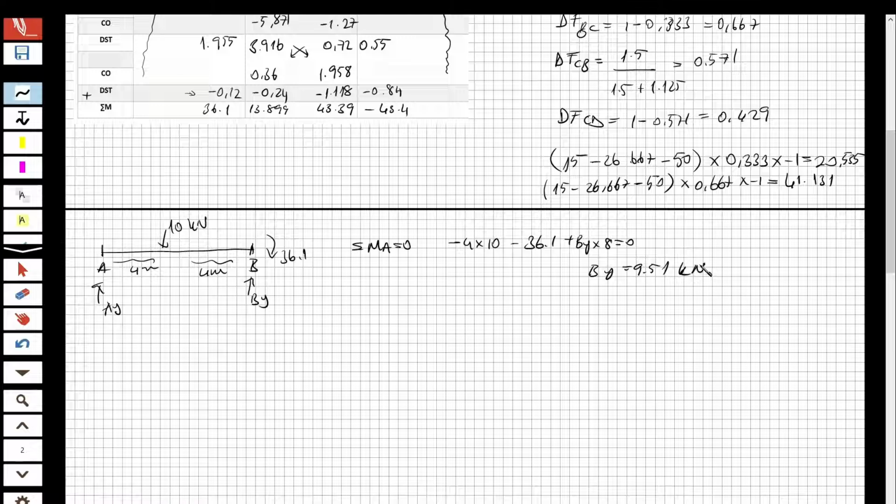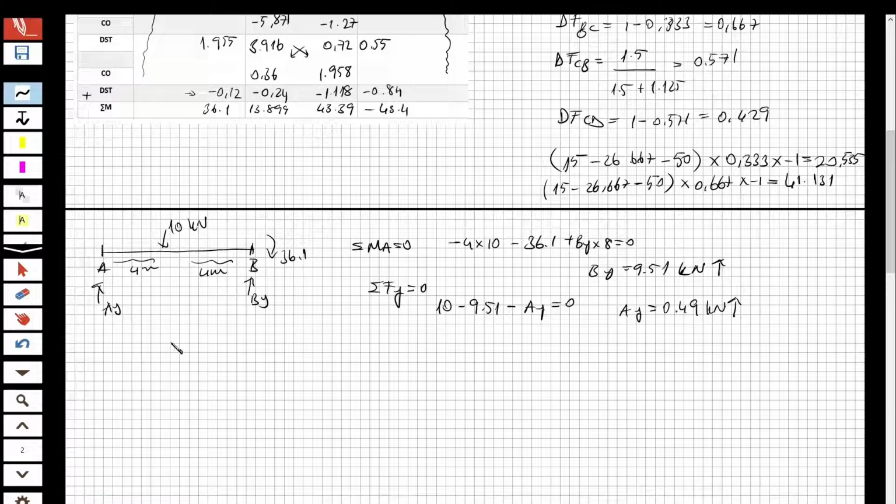Now we obtain By, so let's write total Fy is equal to 0, and it's going to be 10 minus 9.51 minus Ay is equal to 0, and Ay is going to be 0.49 kilonewton, upper direction.